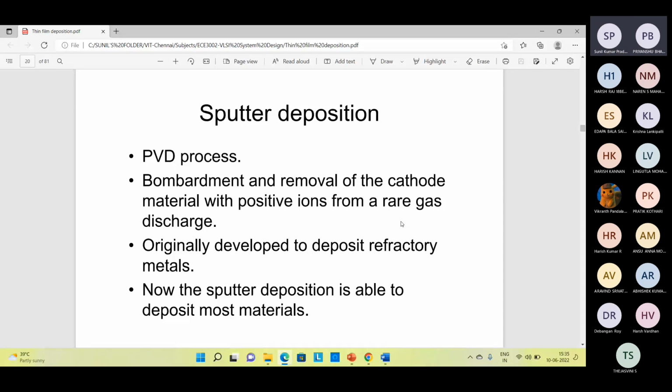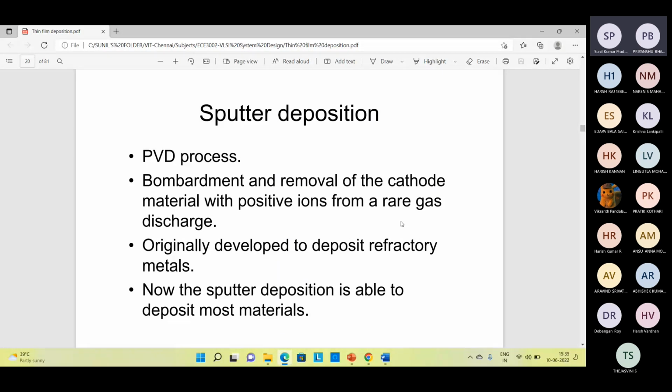When all the process is over, the vacuum is created inside the system. After that, we introduce the rare gas elements, like group 8 elements, argon, like this. So what will happen?